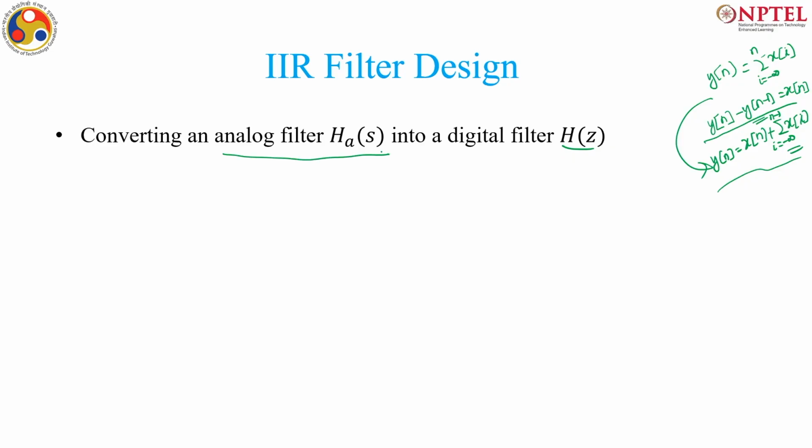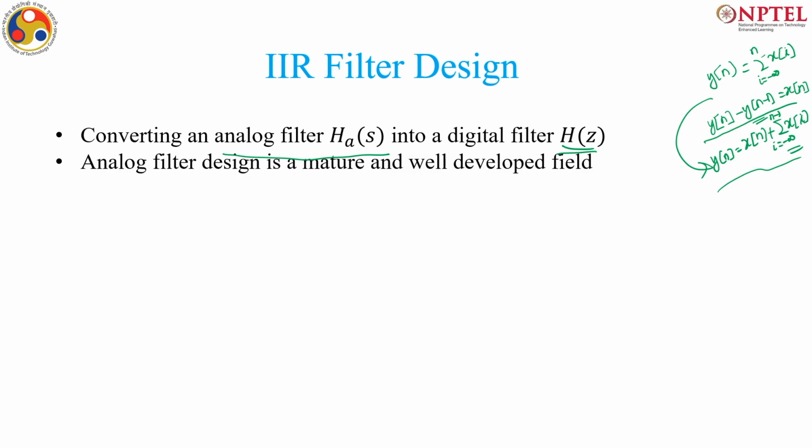So, what typically people do, or how it is designed, is that first the analog filter H_a(s) is designed, and then this analog filter is converted into a digital filter H(z) using a mapping from s to z, and based on the mapping there are different methods. So, why is this taken?